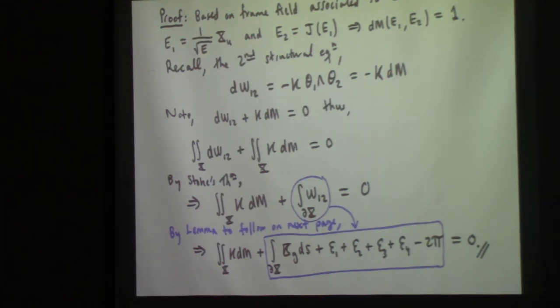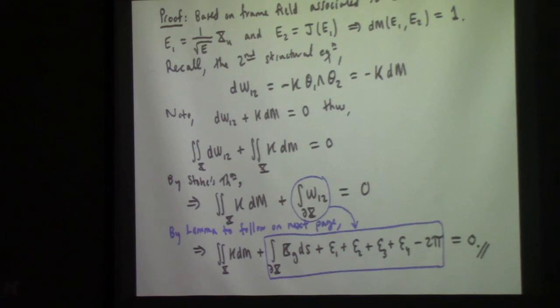That might not be intuitively obvious, as we don't have a lot of experience with 2 forms, but you can flesh it out. Now, that said, remember, the definition of Gaussian curvature: d omega 1, 2 is minus k dm, right? But that's also minus k theta 1 wedge theta 2, great. So we have that d omega 1, 2 plus k dm is equal to 0.